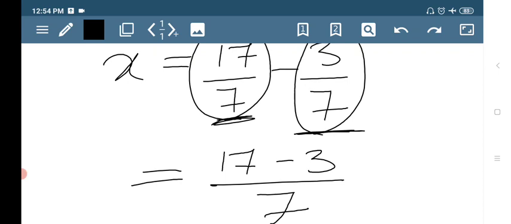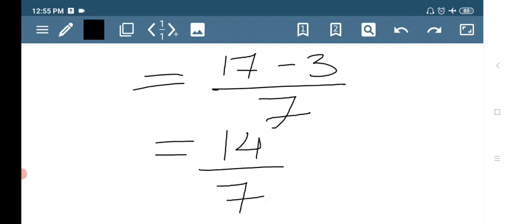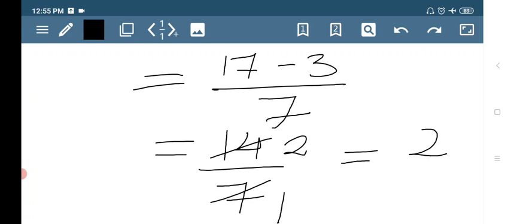If the denominators are not the same, we have to take the LCM. I will explain that if we get such a question. So 17 minus 3 is how much? 14 divided by 7. Now, is 14 divisible by 7? Can we divide 14 by 7? Yes, 7 twos are 14, which is equal to 2. Understood?